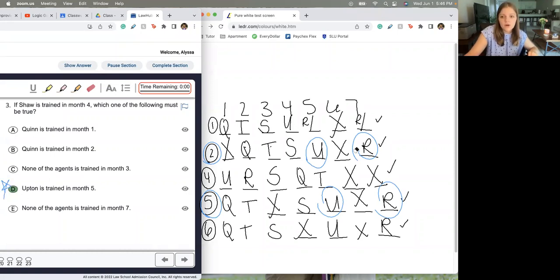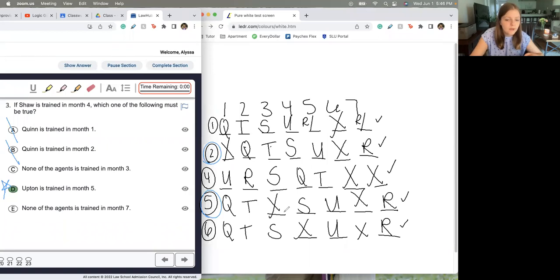The other way you can go about it is going through each answer choice and seeing if it has to be true in both your worlds. So Q trained in 1, it's true in 5, not in 2. So that's wrong. Q trained in 2 is true in my 2nd world, but not in my 5th world. So that's wrong. None of the agents trained in month 3.